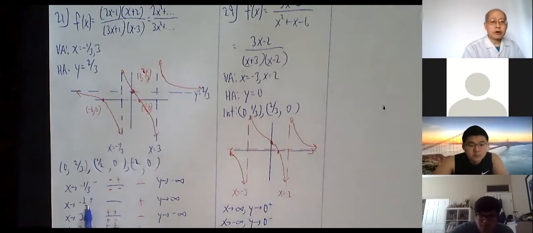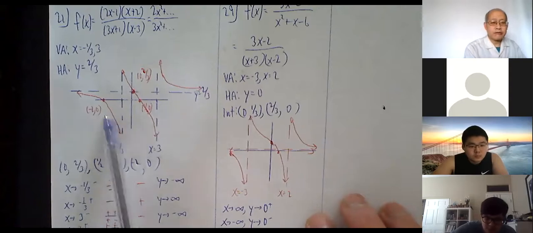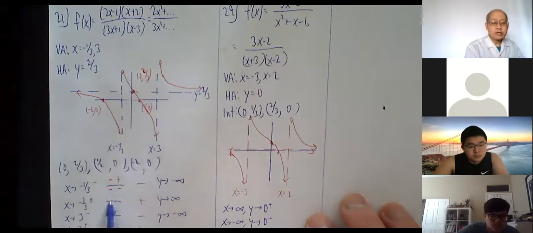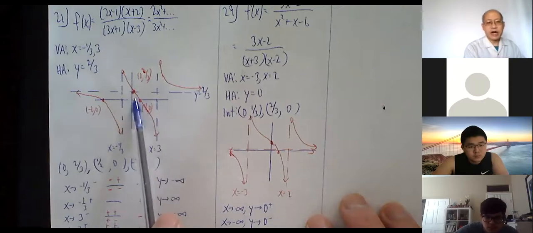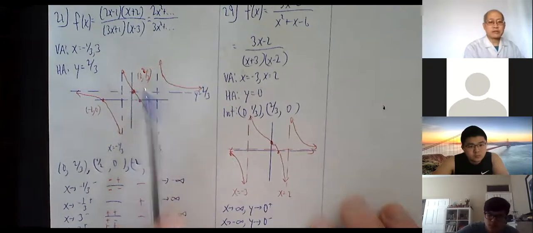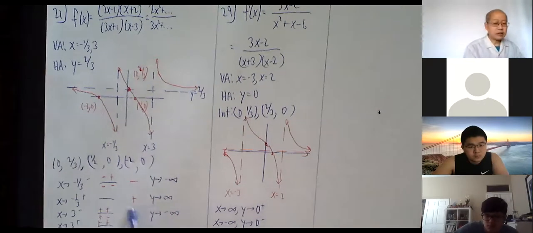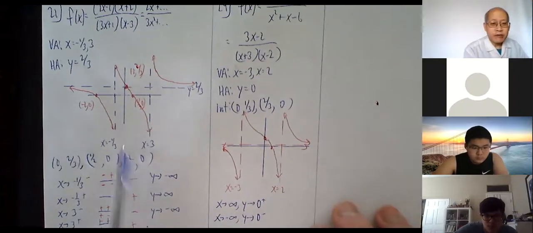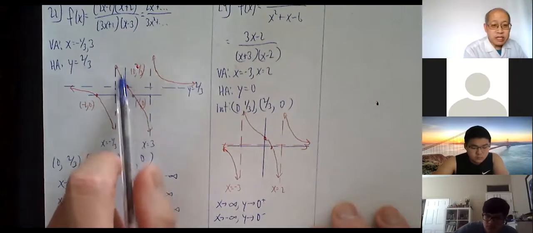All right, now I approach -1/3 coming from the right. Well, a real nice number is 0. I could do the same sign chart, but wait a minute, I just did 0. 0 is 2/3. It's positive. So yes, I could put the sign chart, but I already know it's positive. So coming from the right side, I approach positive infinity.